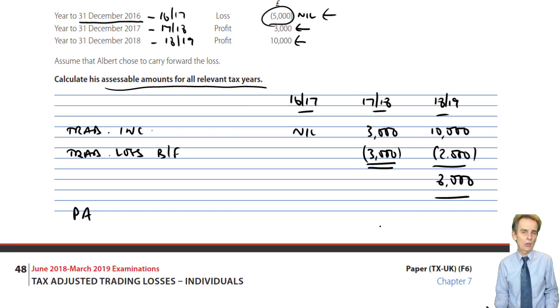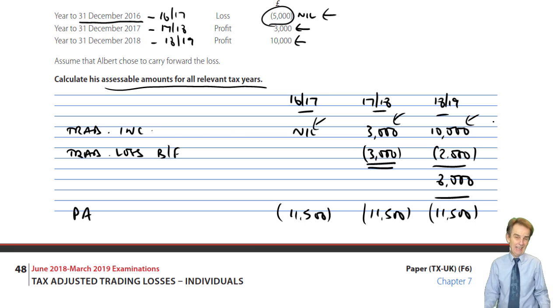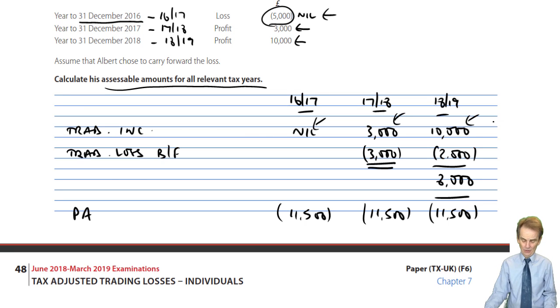Again, you'll be told just to assume that the personal allowance relevant for 1718 will apply throughout. So we'd have had an £11,500 personal allowance in each of these years. Because we had no income there, 3,000 there, 10,000 there, that personal allowance would anyway have covered those figures of trading income.